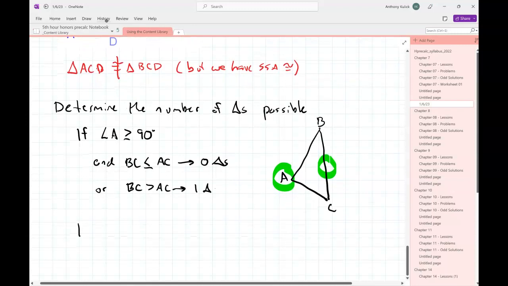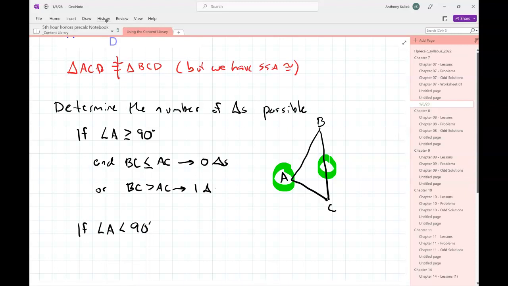Okay. Well, that doesn't seem so hard, Mr. Kulik. Yeah, but that's because that's the easy situation. So the next situation we'll look at is if that angle A is acute.